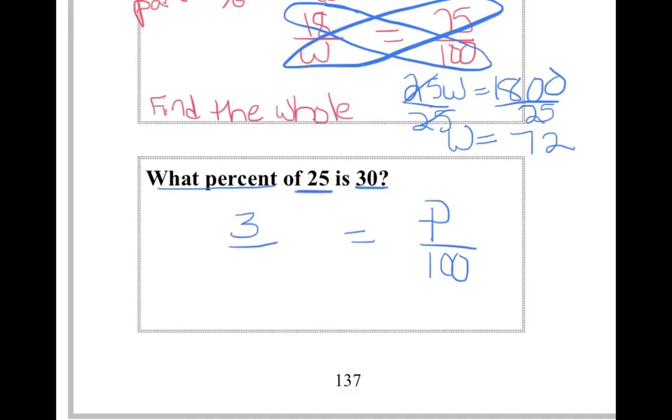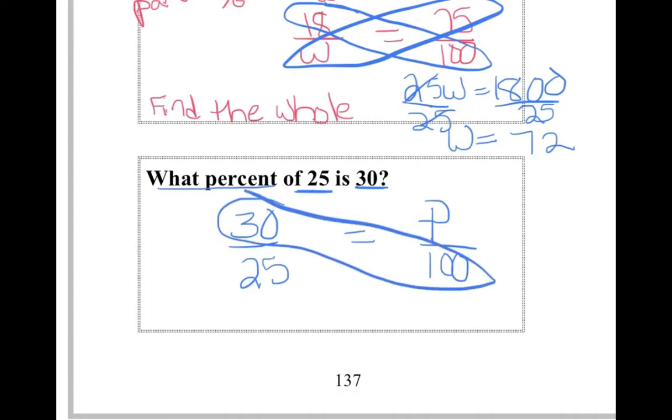So 30 is our part. 25 is our whole. Even though you can see that 30 is bigger than 25, 30 is still our part, because it says what percent of 25? 25 is our whole. Let's go ahead and figure that out. Cross products are equal.